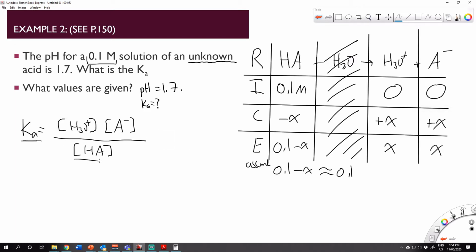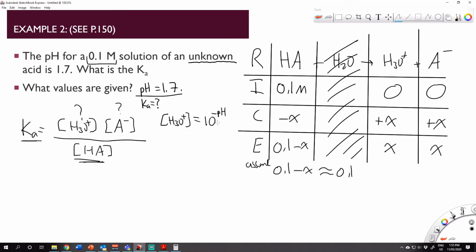We do know what this is, but we don't know what either of these are. However, we are given the pH. And if you recall from an earlier lesson, when we were talking about pH, you can calculate the concentration of hydronium as 10 to the negative pH.